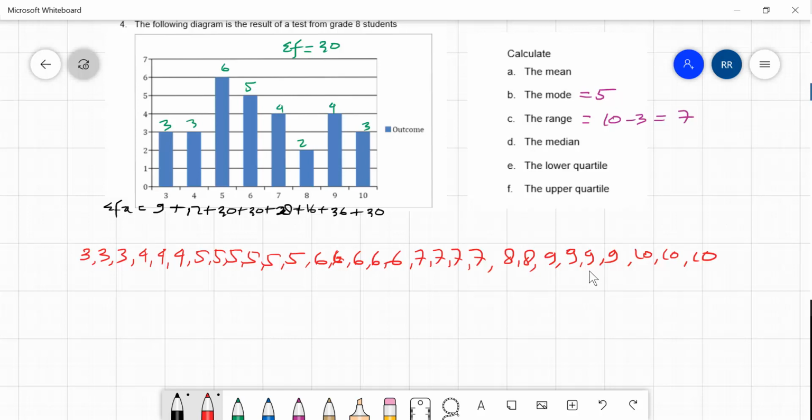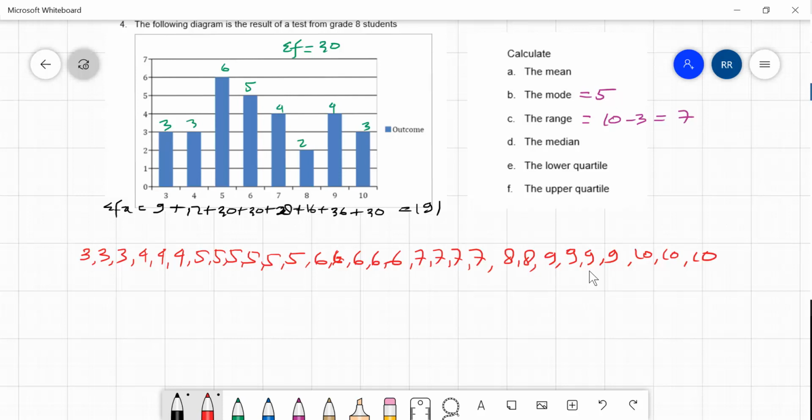So if we add them, let me use my calculator. It's going to be 21 plus 60 plus 28 plus 16 plus 36 plus 30. It's going to be 191.